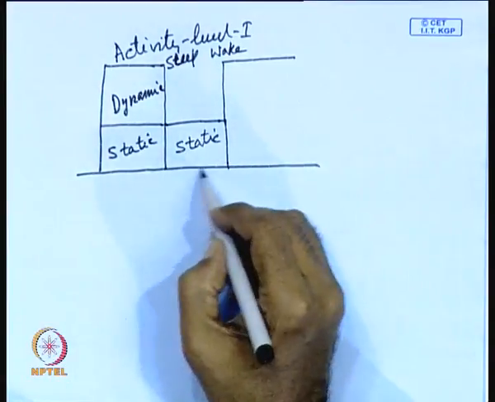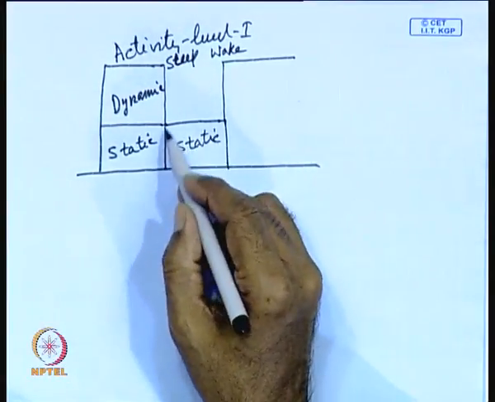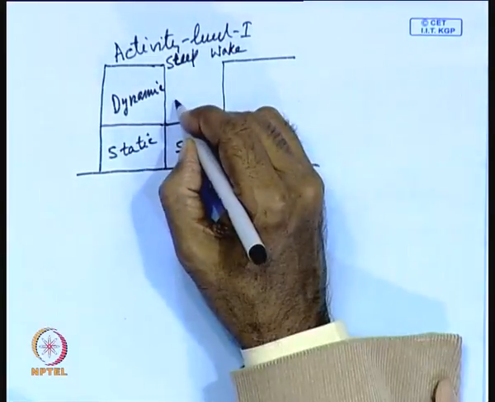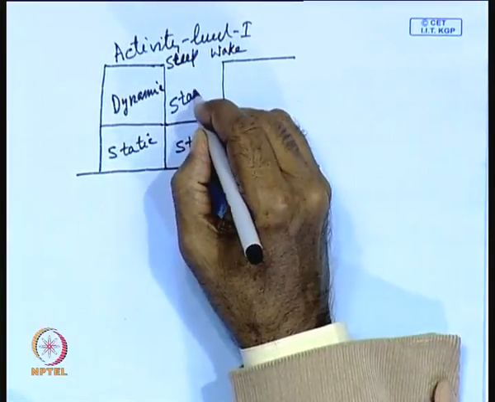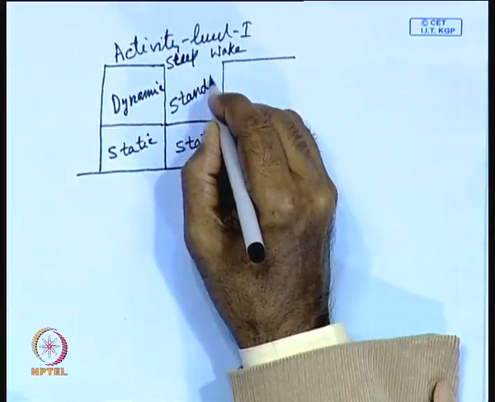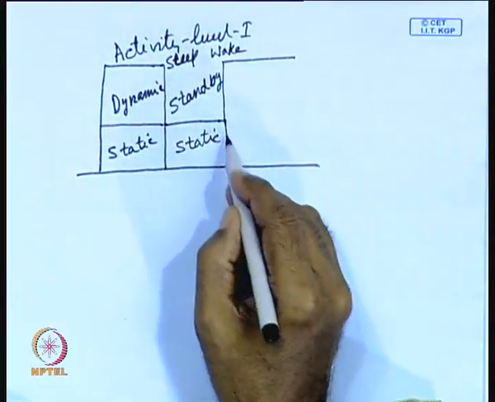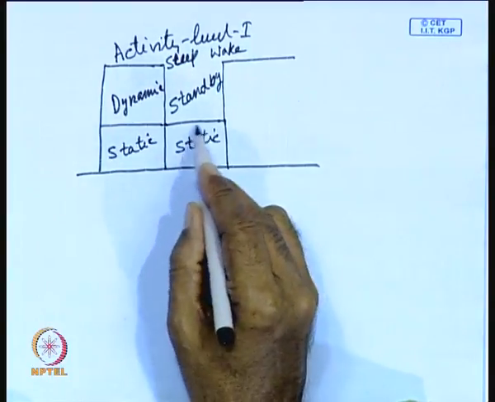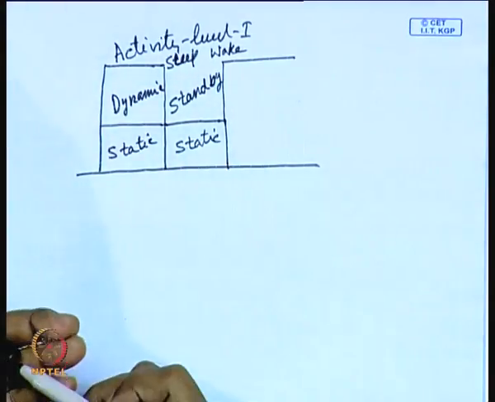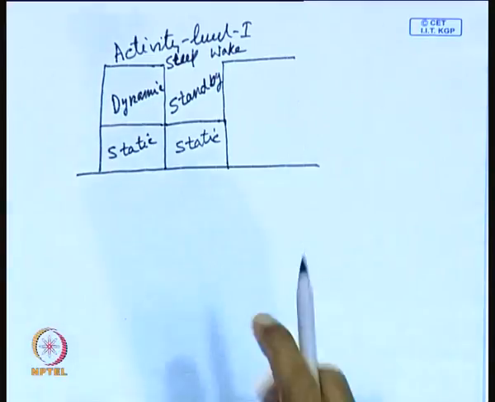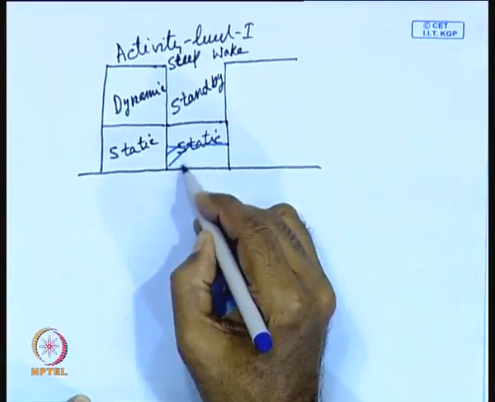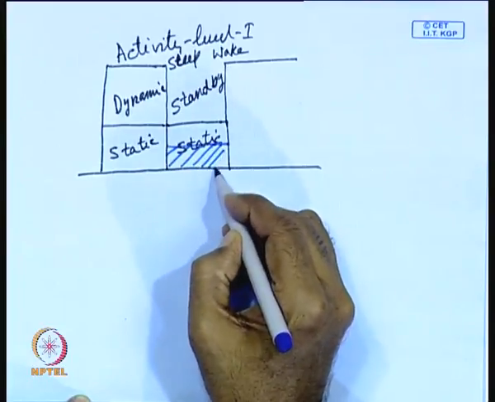Now, as you can see, when the circuit is not in operation, we may call it is in standby condition, and various techniques that we have discussed tried to reduce this static power dissipation. That means, it can be brought down from this level to maybe this level by using various techniques which I have discussed in the previous lectures.